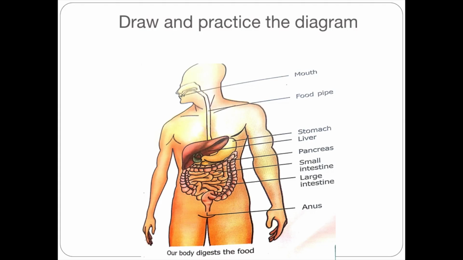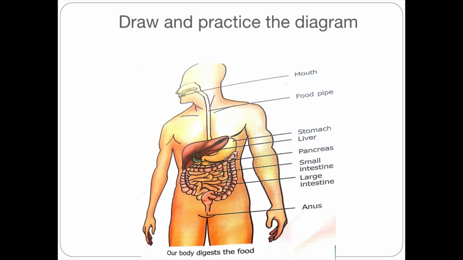Before going to the last module of the preparation of food, let's see the diagram of digestion of food. If you all look at this diagram, it is very clearly showing the journey of food from the mouth to the anus.